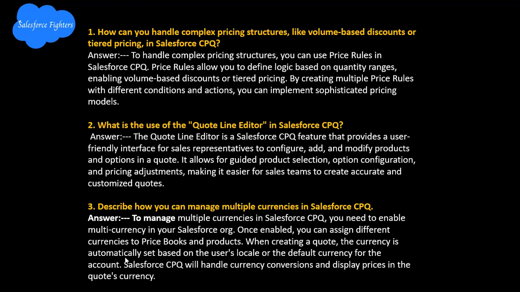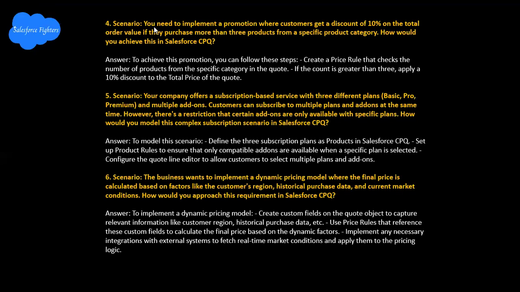Next question. You need to implement a promotion where customers get a discount of 10% on the total order value if they purchase more than 3 products from a specific product category. How would you achieve this in Salesforce CPQ?